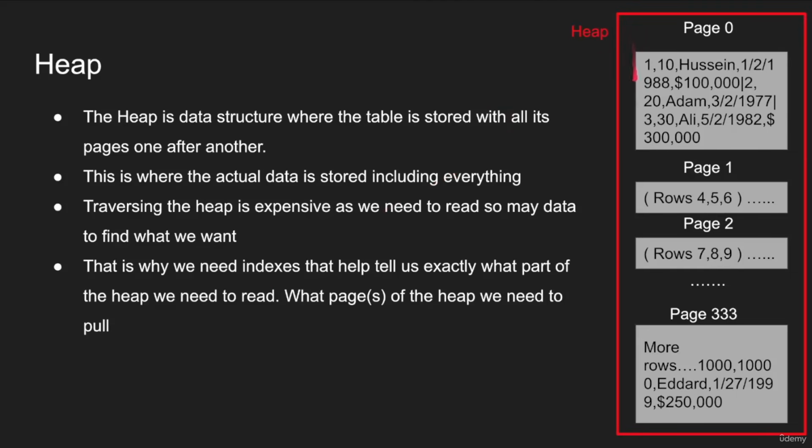We don't need to read every single page in the heap. I want to know what page exactly to jump to and read just that page. You can do that in the disk. You say, hey, go read me page 3333 and above. You can do that. But you can't say, oh, go read me row 7. If you say go read me row 7, you've got to get page 2 and maybe page 3 and anything that's next to it effectively.